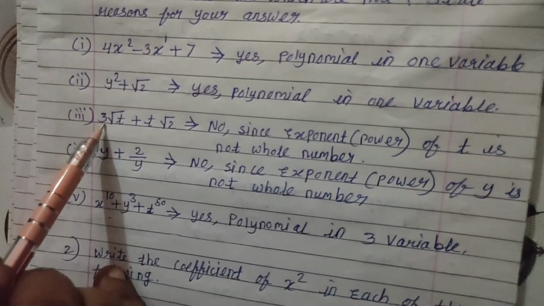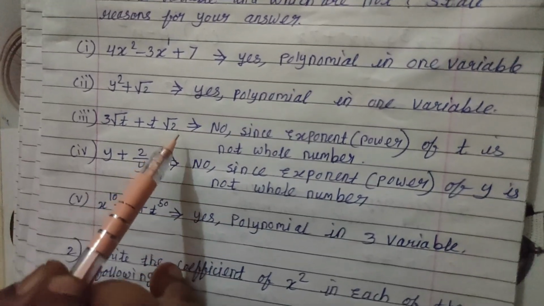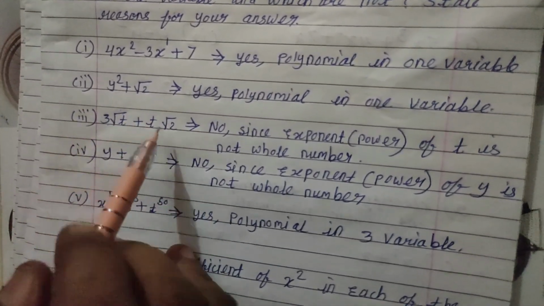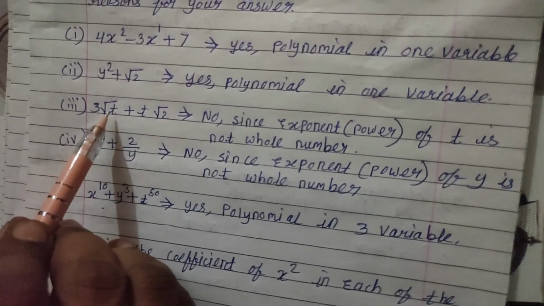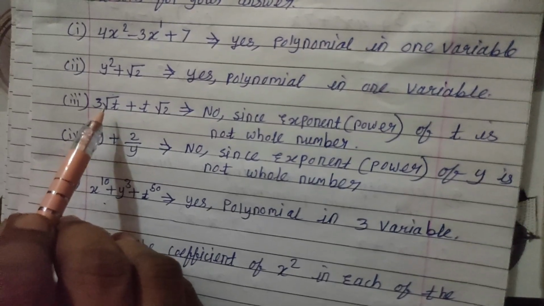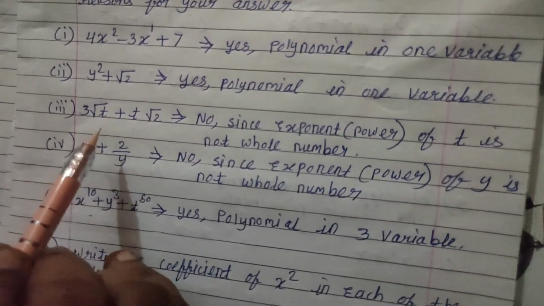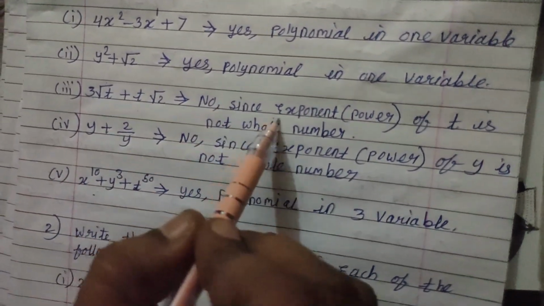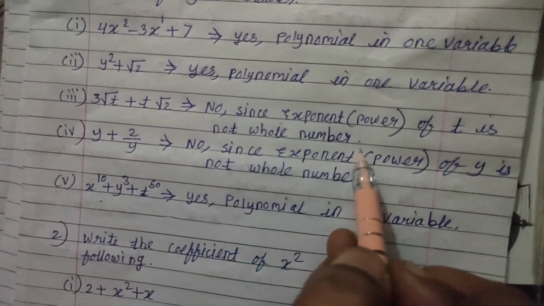Now here third one, 3 root t plus t root 2. This given expression is not a polynomial, because when I am writing root t, the meaning of root t is t raised to power half, and half is not a whole number. That is why no, since the exponent or power of t is not a whole number.